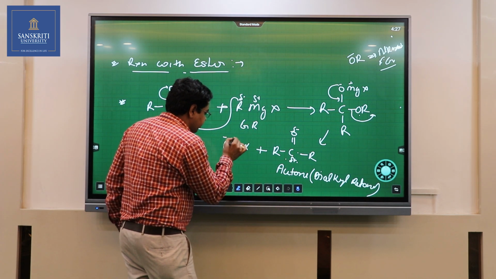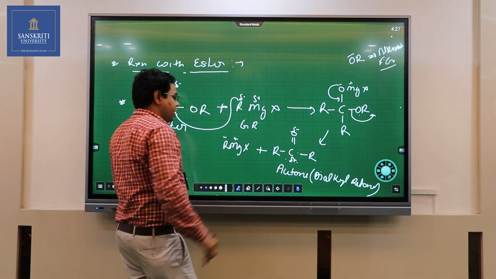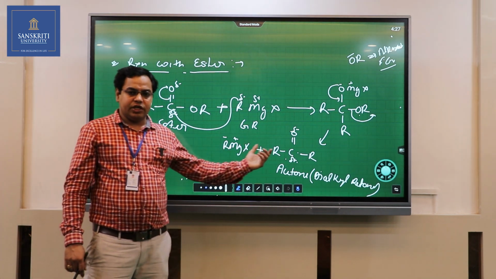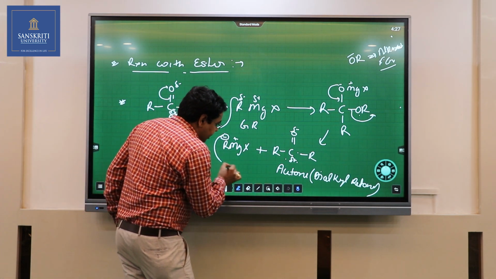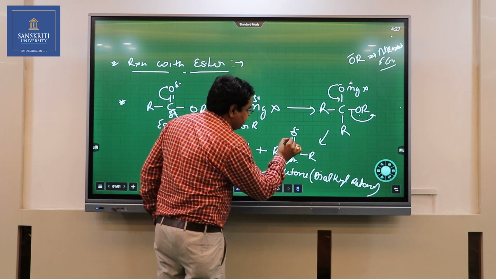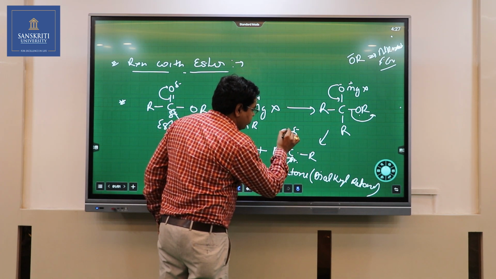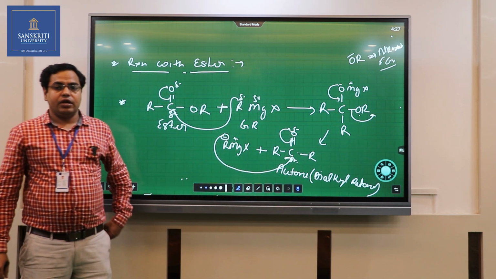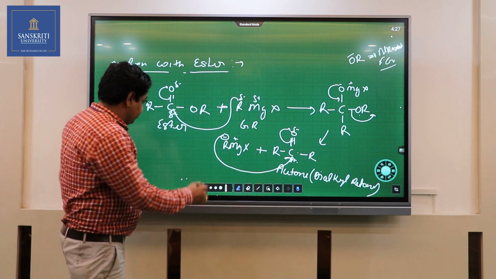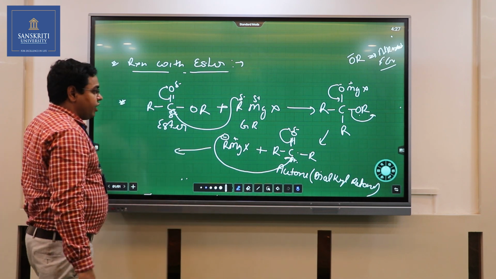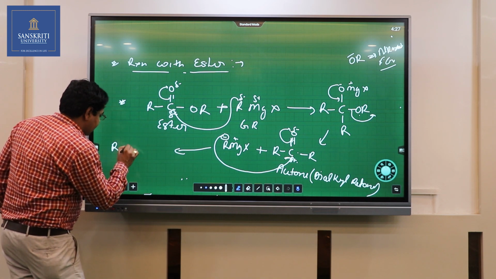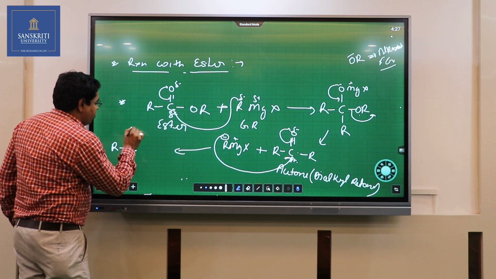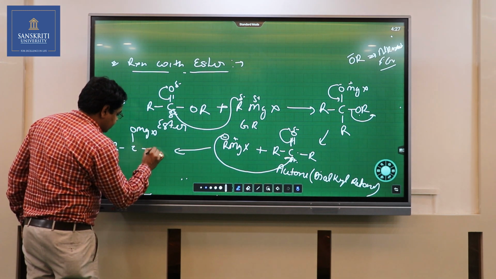Negative-positive interaction takes place here. So the negative side attacks this positive carbon atom, which pushes the electron toward the oxygen atom. So finally we get another intermediate compound like R-C-O-MgX.